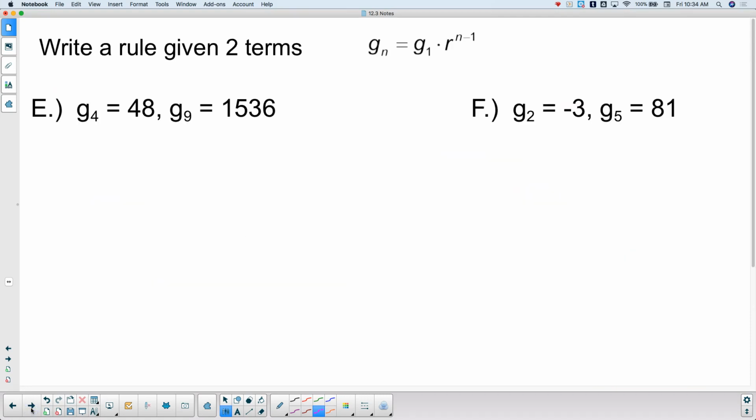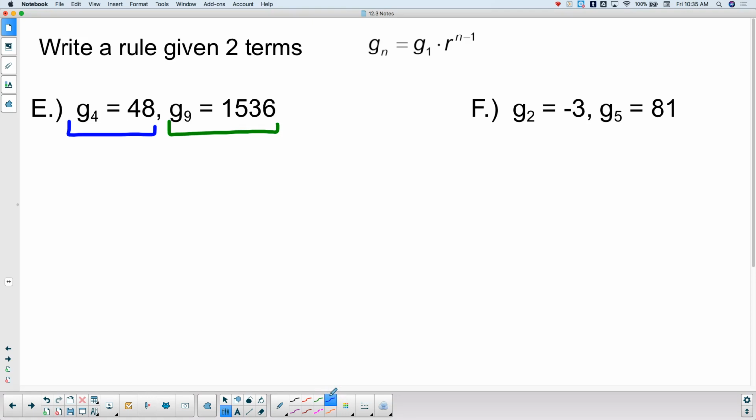Next style of problem, you're given 2 terms. Okay. Just like in arithmetic, when we were given 2 terms, you use the rule on one term, and then you use the rule again on the other term.